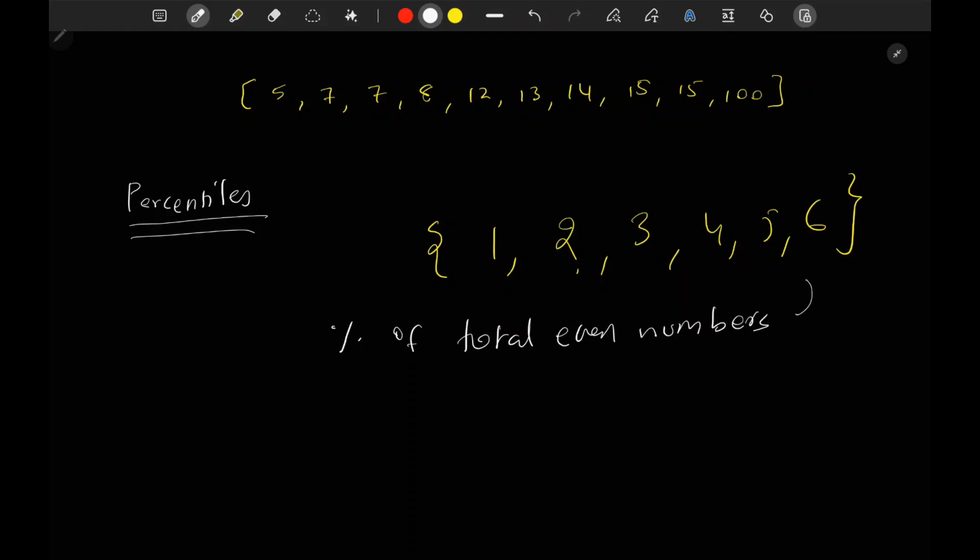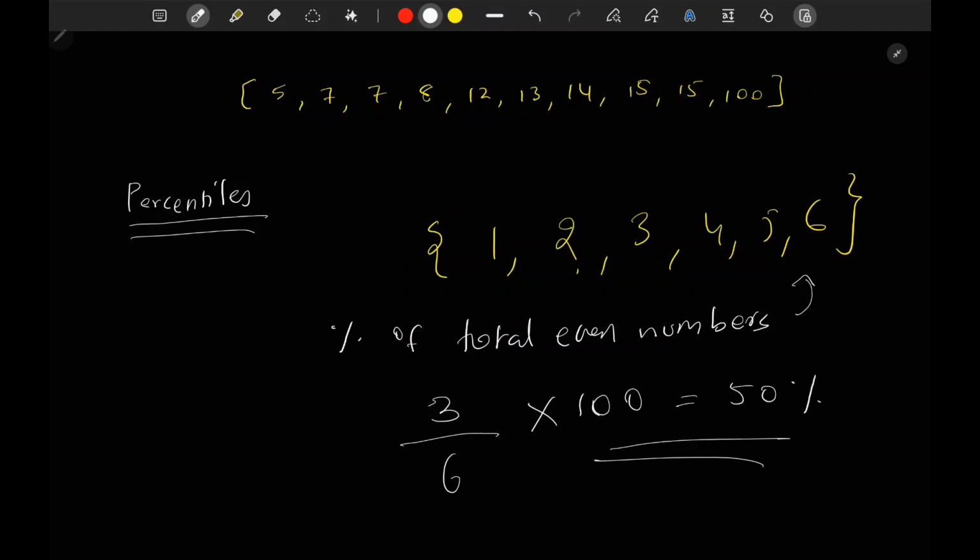Here we have 3 even numbers and the total distribution is 6, times 100. So we are going to get 50% as the final answer. This is percentage. This is not percentile, this is a percentage calculation.